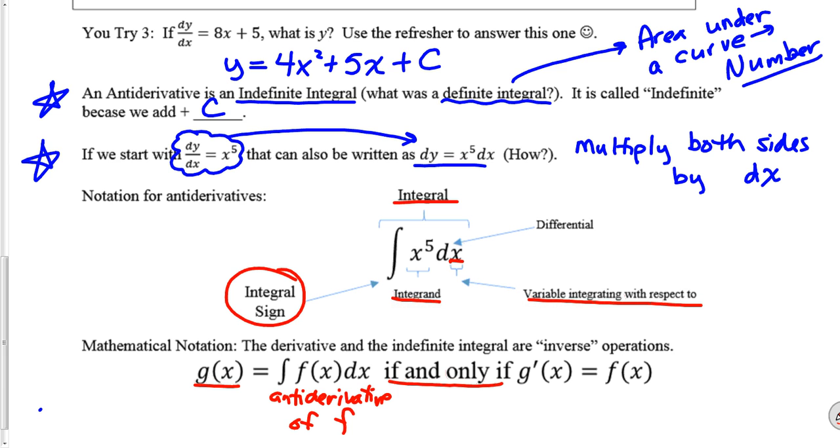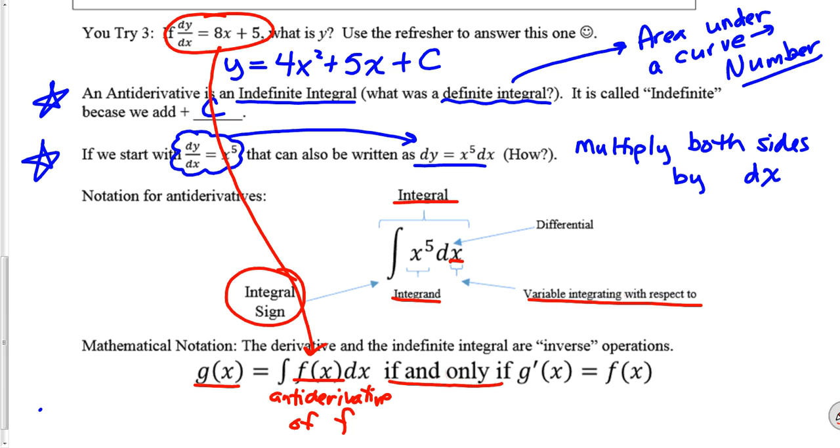But basically what's happening is, if I start with my derivative, I'm trying to find the y.